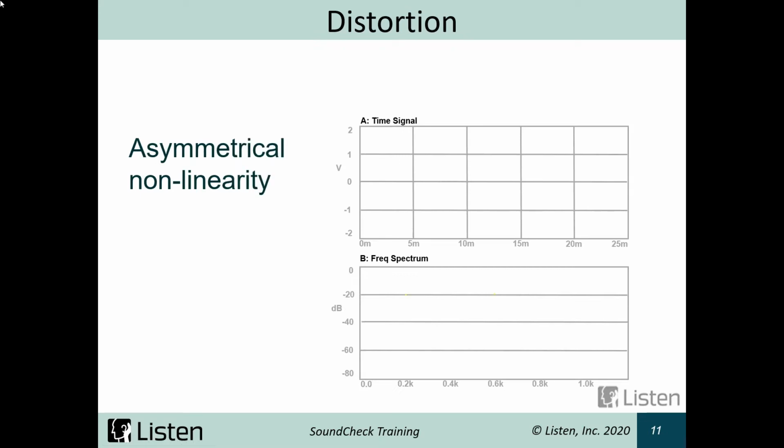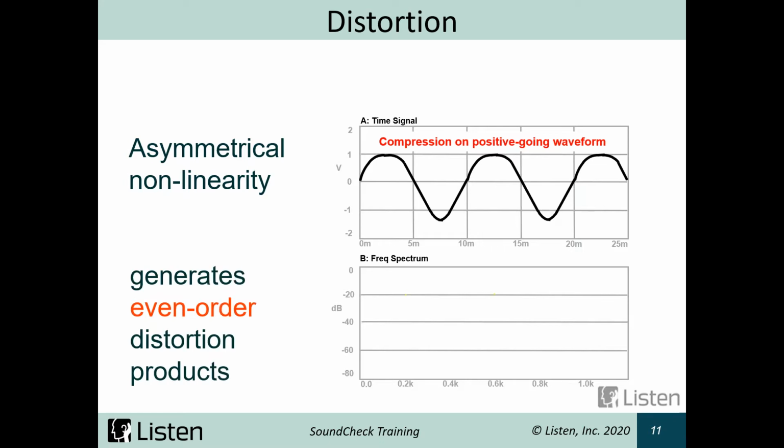For example, if we put in a pure tone sine wave and we get asymmetrical nonlinearity on the output, which is compression on the positive going waveforms, when we look at the spectrum, we'll have even order distortion products. So again, I put in 100 hertz.